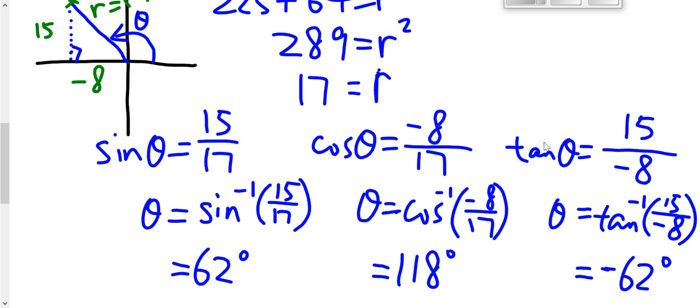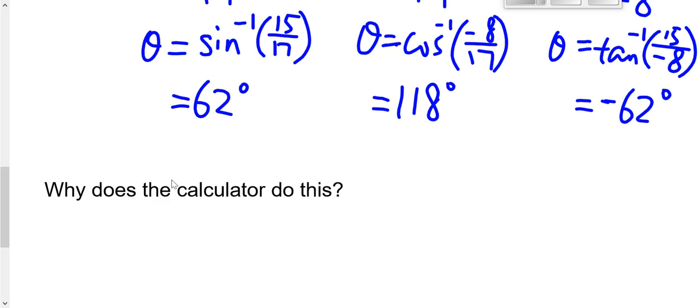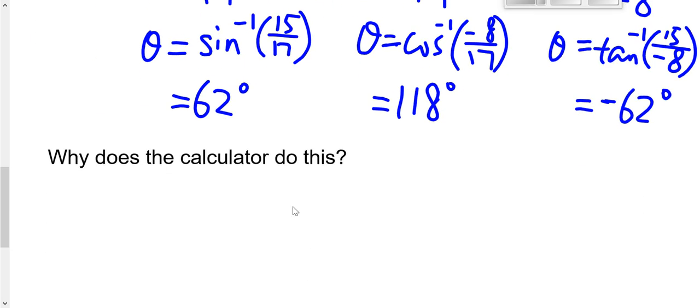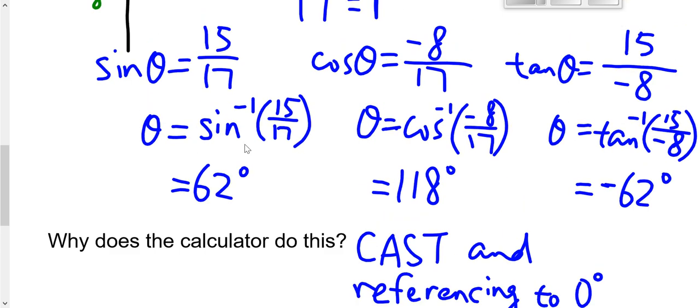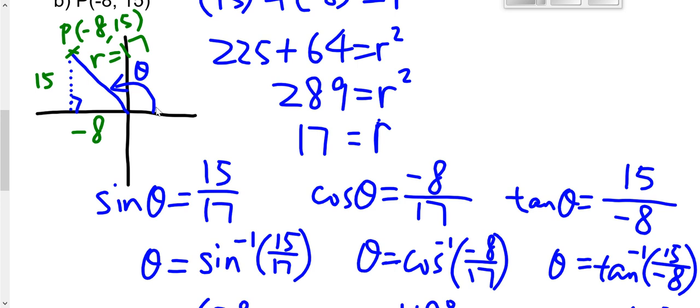Now let's look at what's going on here. Why does the calculator do this? Let me give you the answer first. Your calculator takes into account CAS and also references 0 degrees, which means this is the starting point.